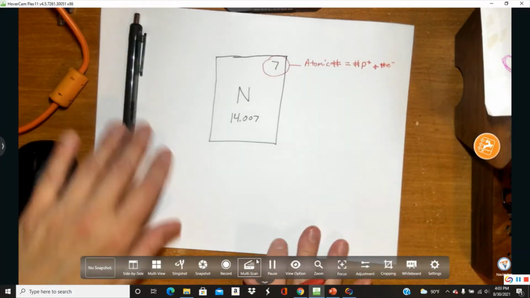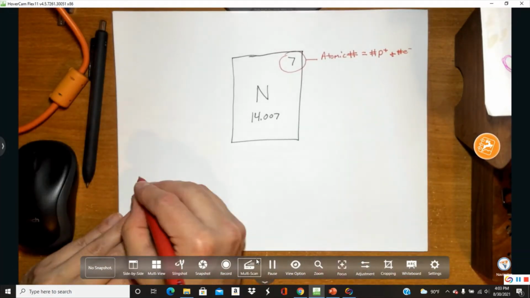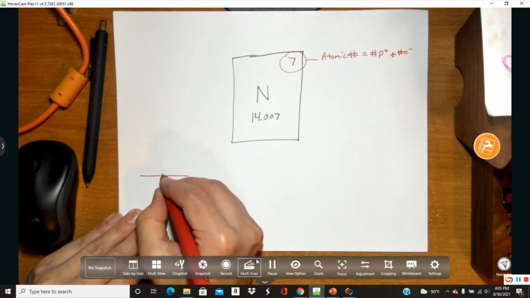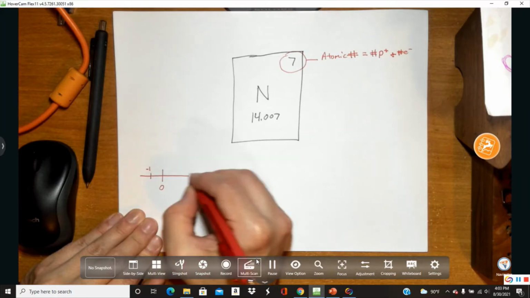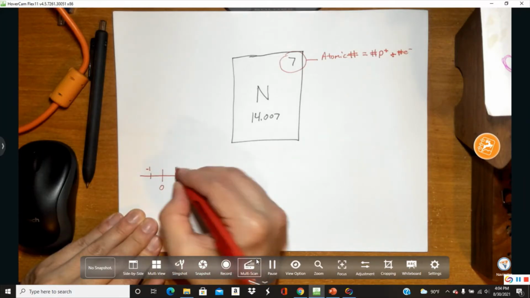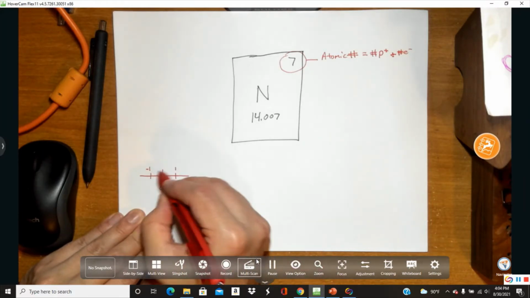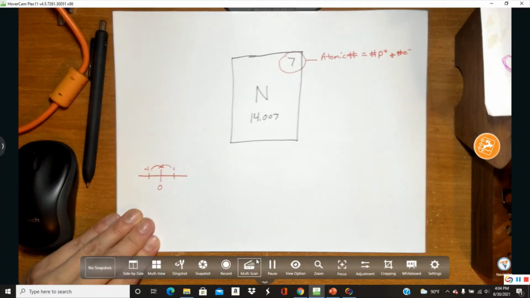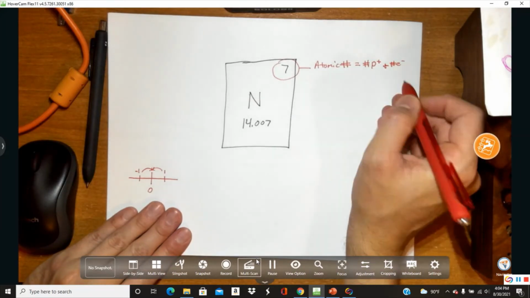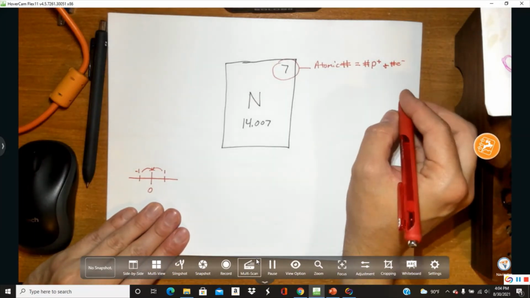Now, real quick on a side here. Let's say I had -1 and I had +1, and I were to add them together, we would see that would equal 0. Anytime positives equal negatives, we would have a charge of 0.